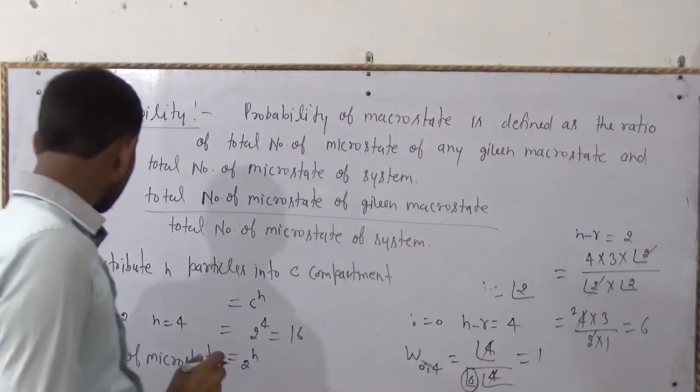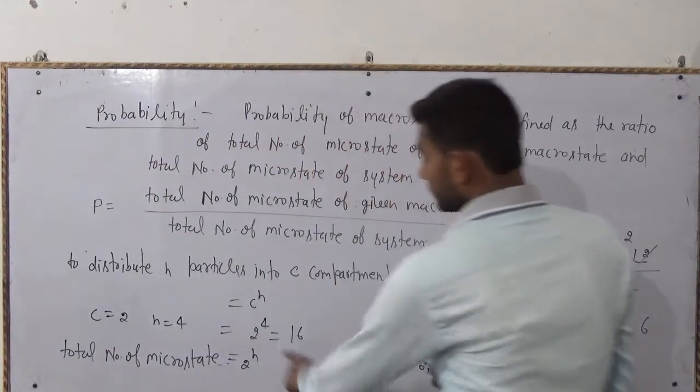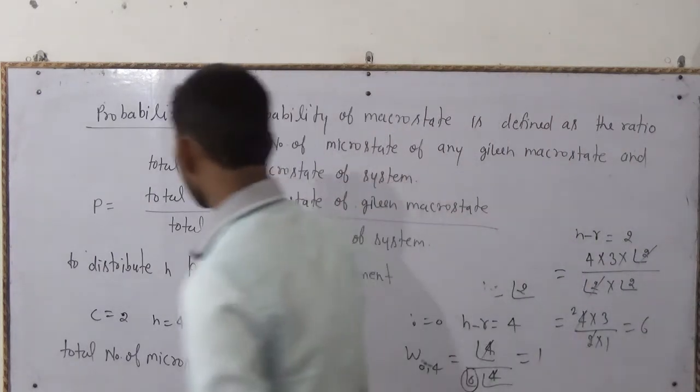So friends, the total number of microstates will be 2 to the power n. Here n is the number of particles and 2 is the number of compartments.